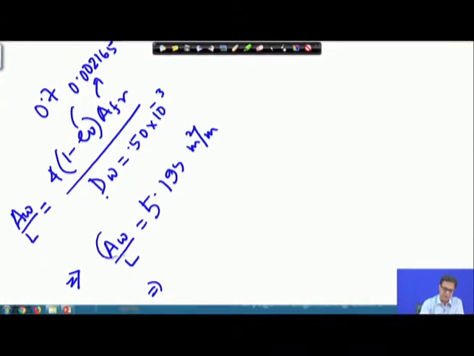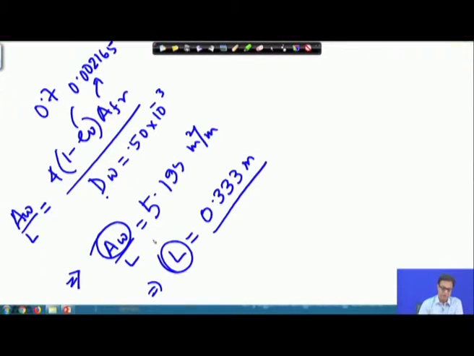So, already we have the value of AW, and we would be able to calculate the length, and it will come out to be 0.333 meter. So, this is the length of the regenerator.